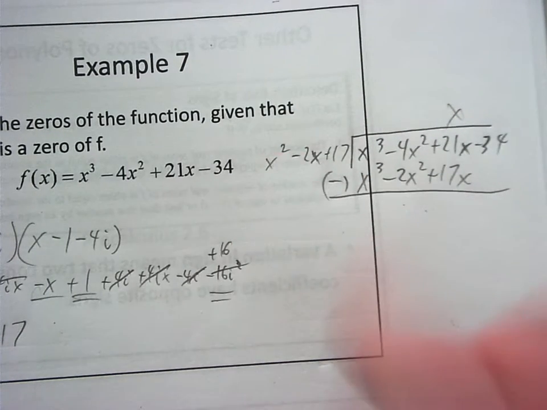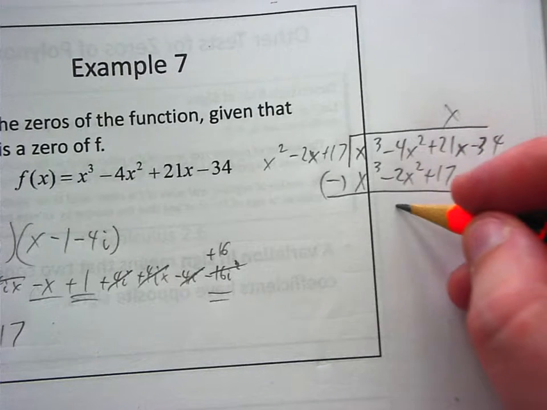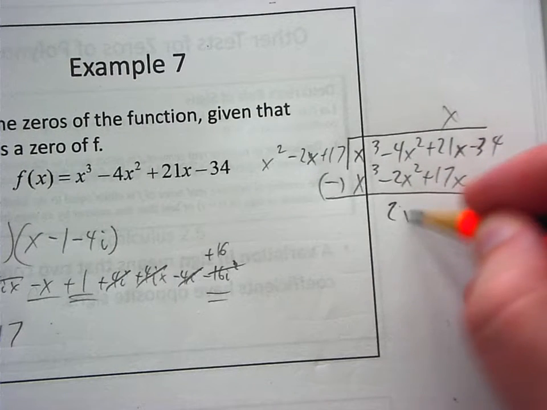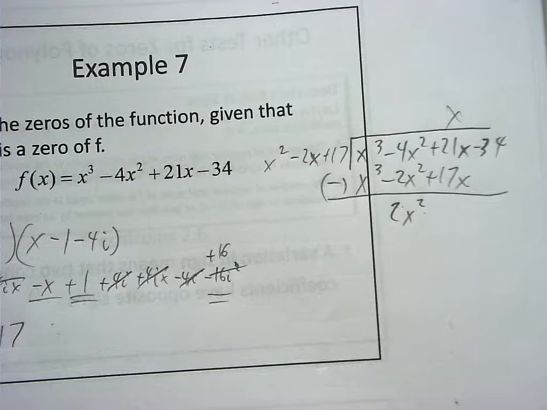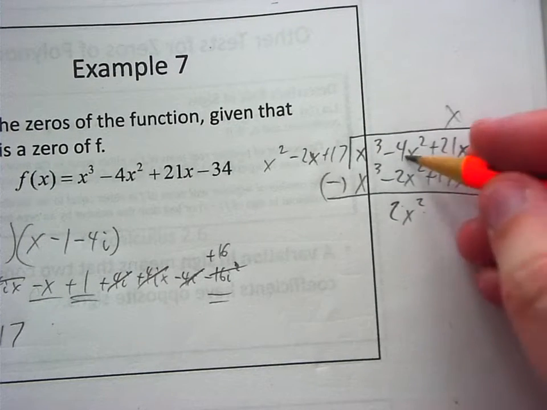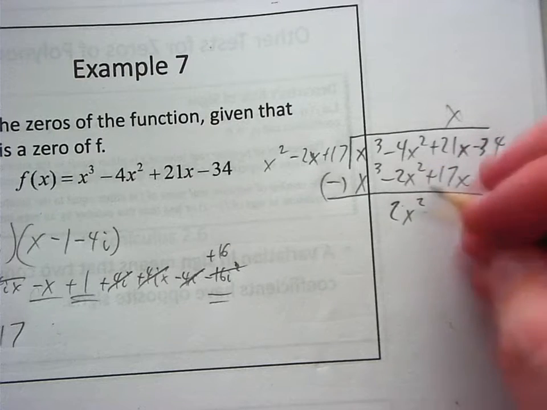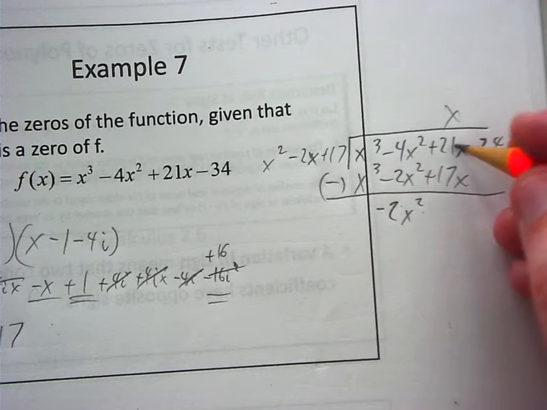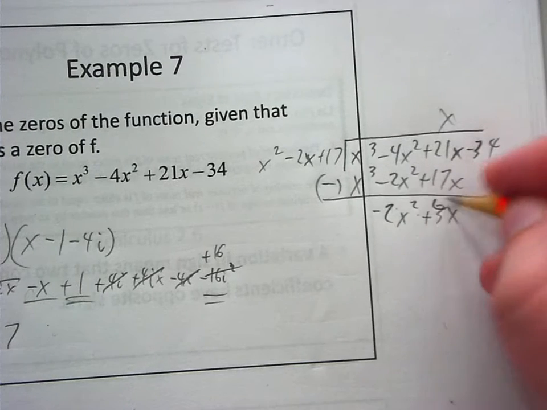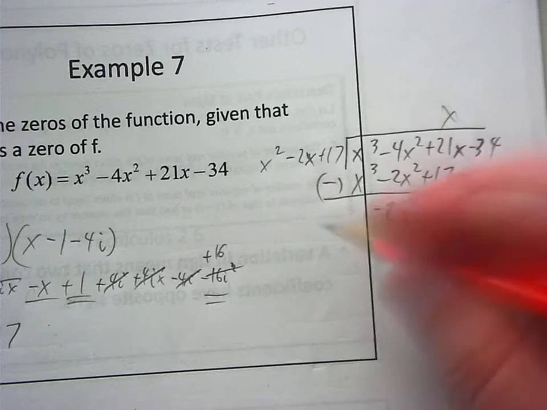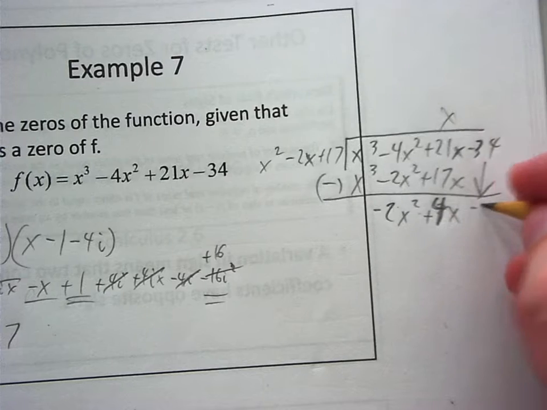So I do know this has to go in evenly, so I know my remainder is going to be what? Well, no, my remainder when I get to that point. 0. Yeah, negative 4 minus negative 2 will be negative 2x. 21 minus 17, 4x. I'm awake. Negative 34 just comes down.